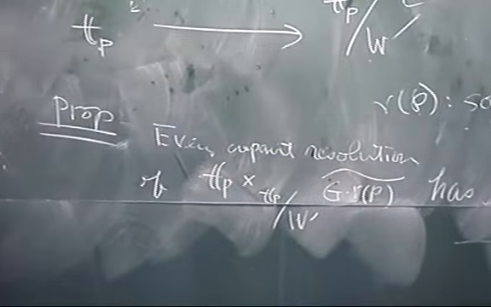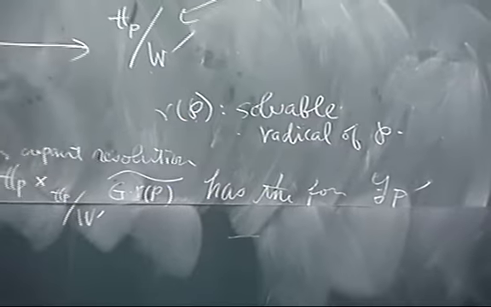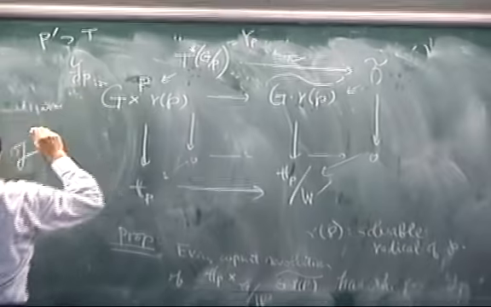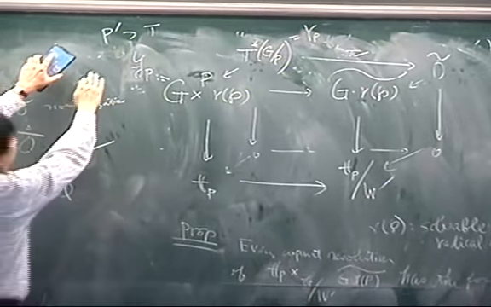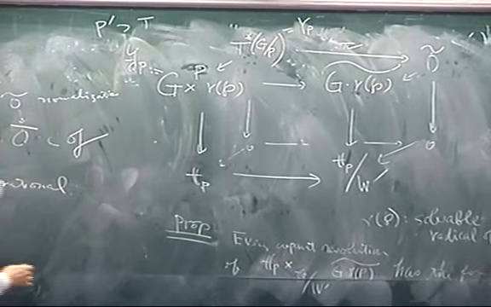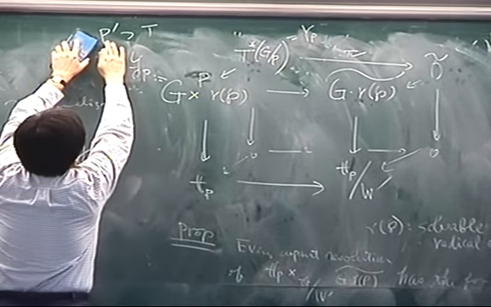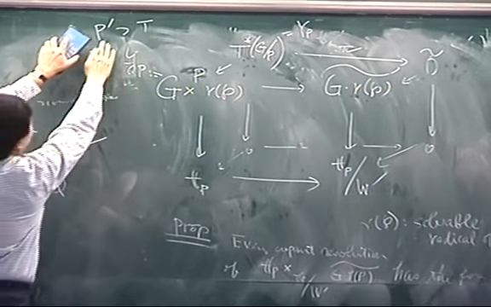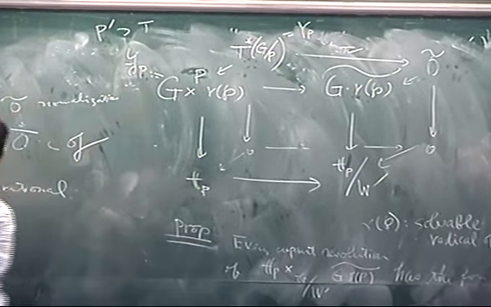Here P prime is some parabolic subgroup containing T, but with a fixed Levi part. P prime should have the same Levi part as the original P.